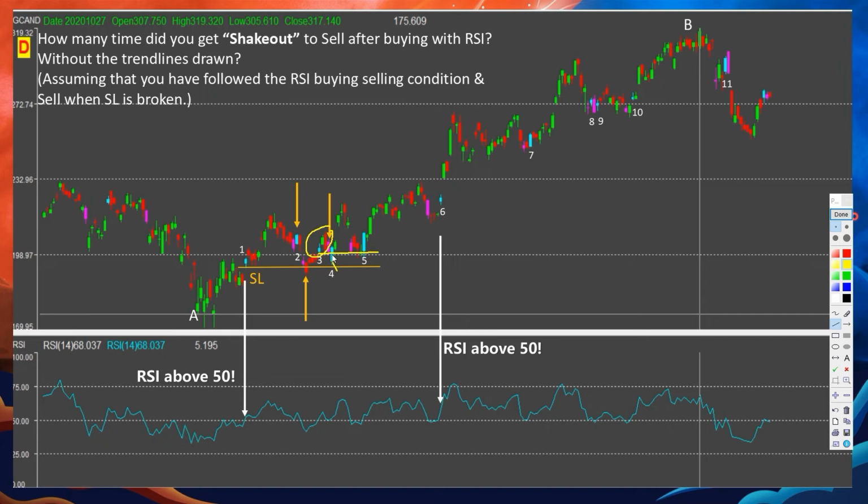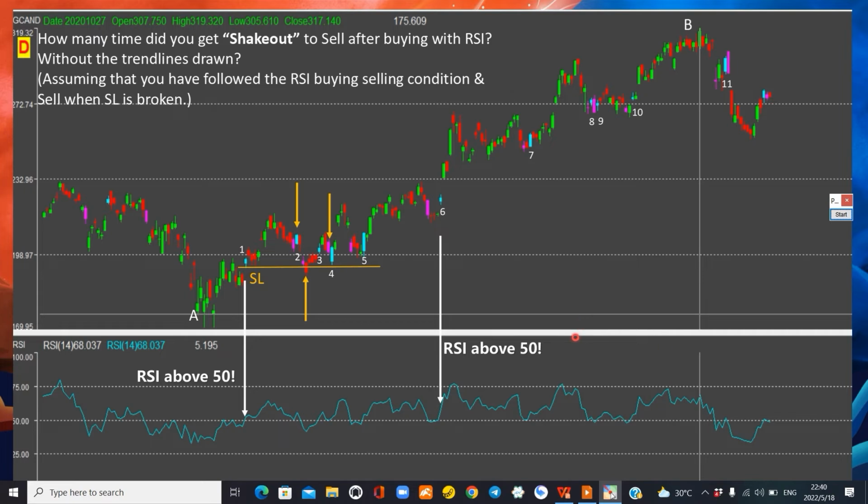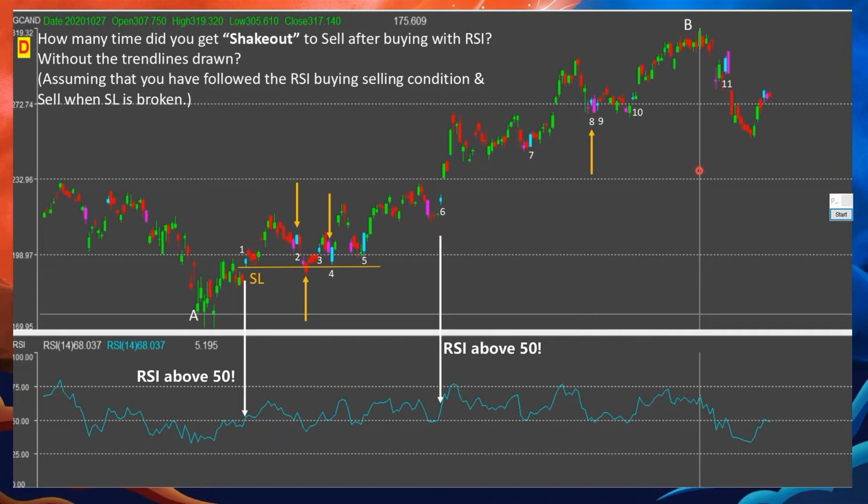This is a very, very strong down forcing you. You may have exited here and you have also been whipsawed. You exit out of the market. And over here at 8 and 9, you have a potential buy and sell, and eventually you get stopped out, potentially somewhere around here also.